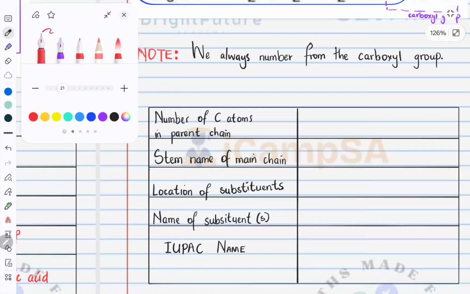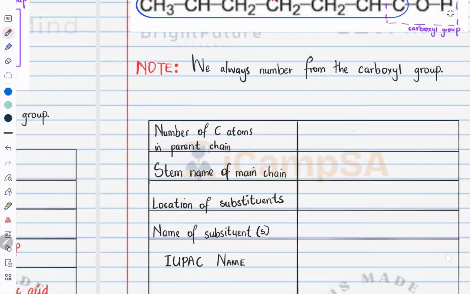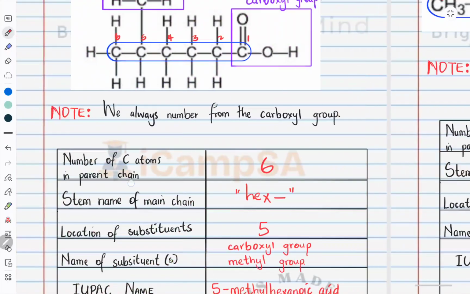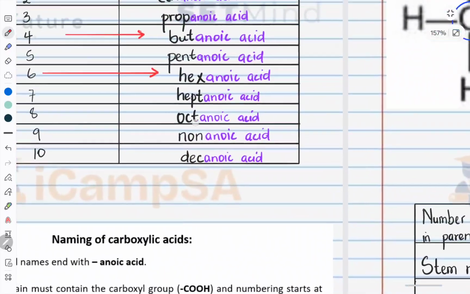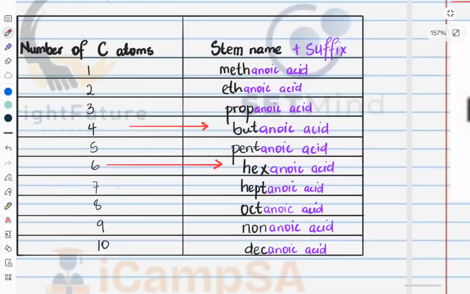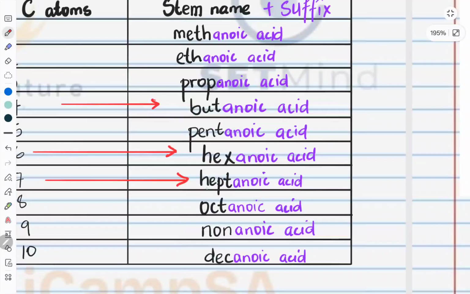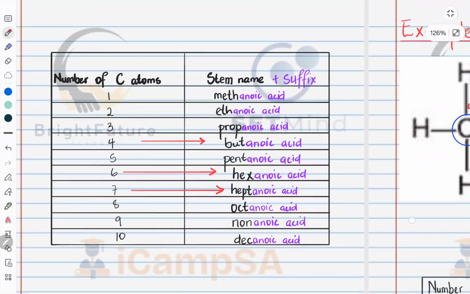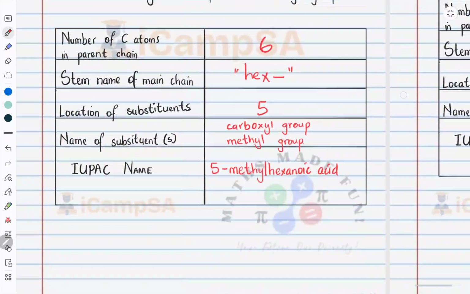And then let's check our table. What is the number of carbon atoms in the parent chain? We have 7. And then the stem name has to be hept because we have 7. Remember that. Let's go to our table and check. So if you check here, there are 7 carbon atoms, and then it will be hept. That's our stem name of the parent chain.